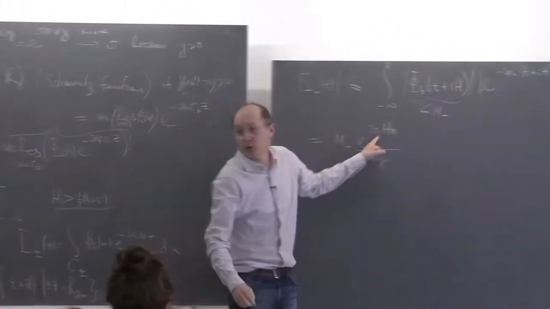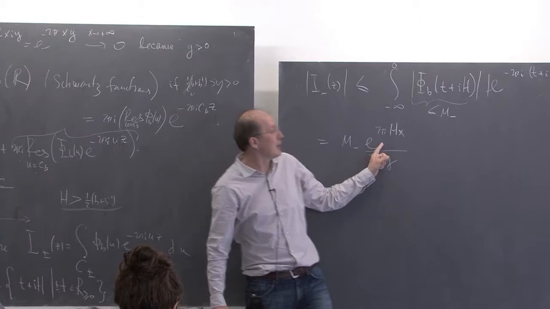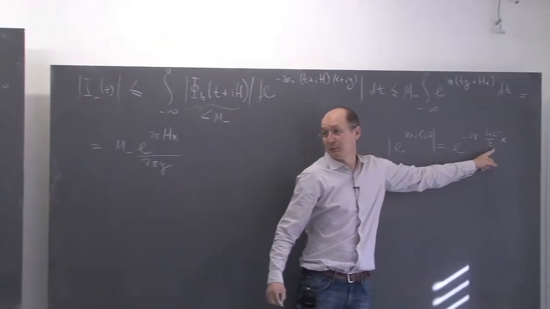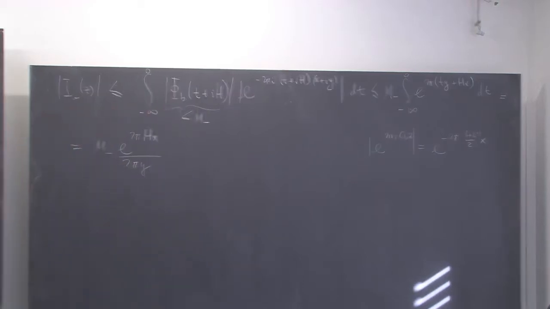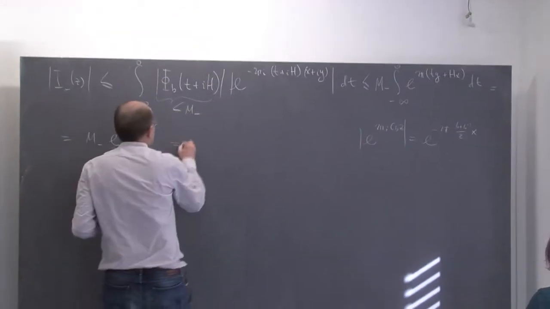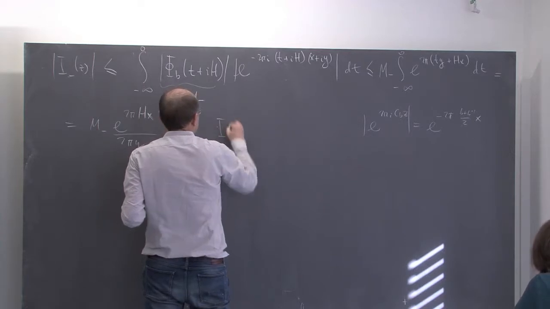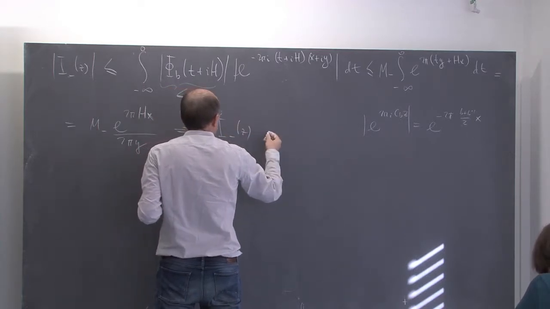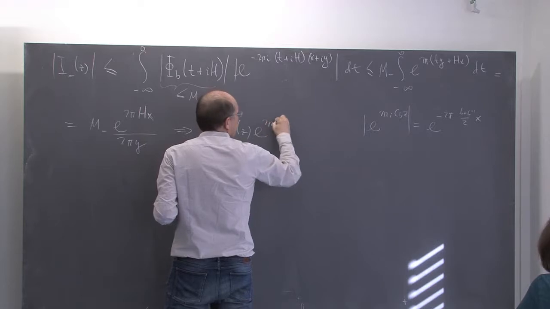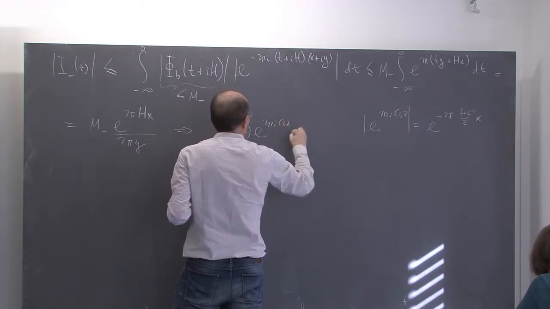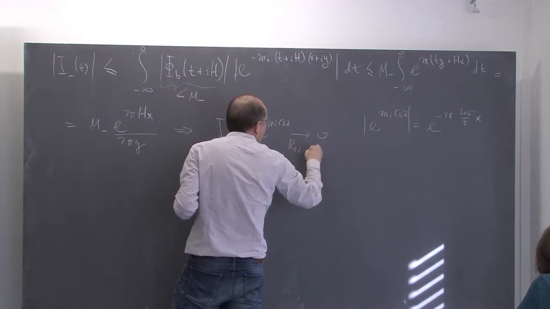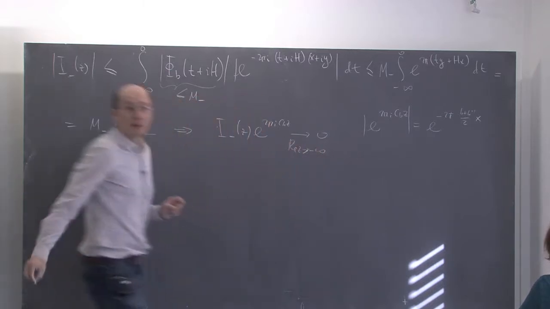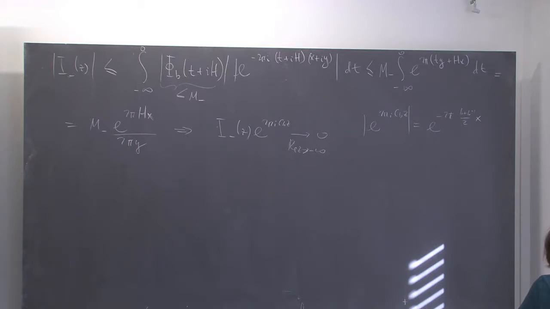And so this goes to 0 stronger than this goes to infinity, by the choice of h bar. So the consequence is that I minus of z multiplied by e to the 2 pi i c_b z goes to 0 when the real part of z goes to minus infinity. Okay, we are safe now for I minus.